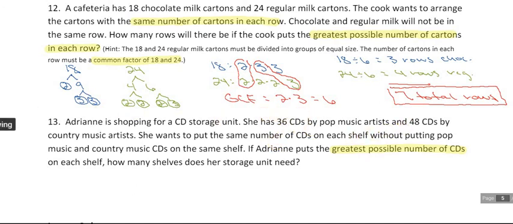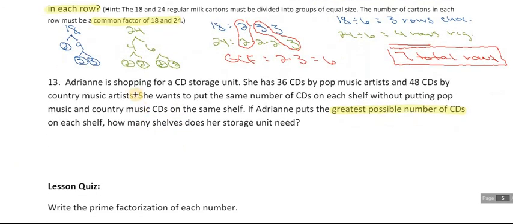Sometimes you might be able to know that by looking at the numbers, and hopefully you get it correct, but we're going to go through our process. So the GCF with 36 and 48, let's start off with our factor trees. 36 is 6 times 6, and 6 breaks down to 2 times 3. And another 2 times 3.